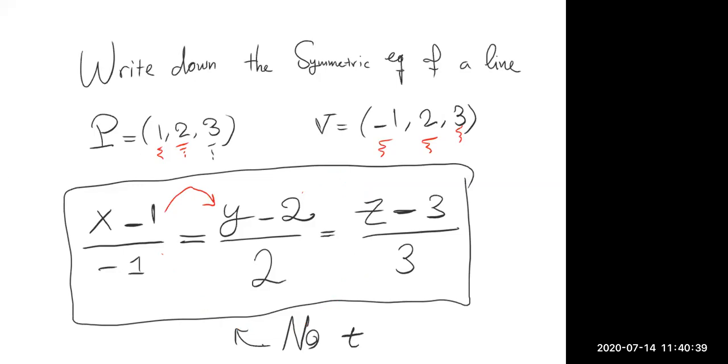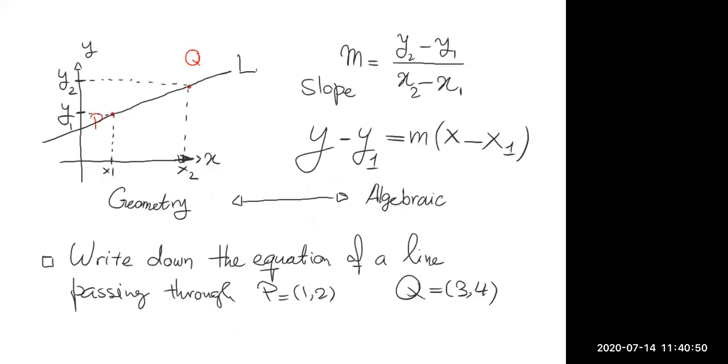But anyway, we summarize all of them in one line in the symmetric equation, whereas in the parametric equation, we had 3 different equations. Yeah, it's the transitive property of equality.